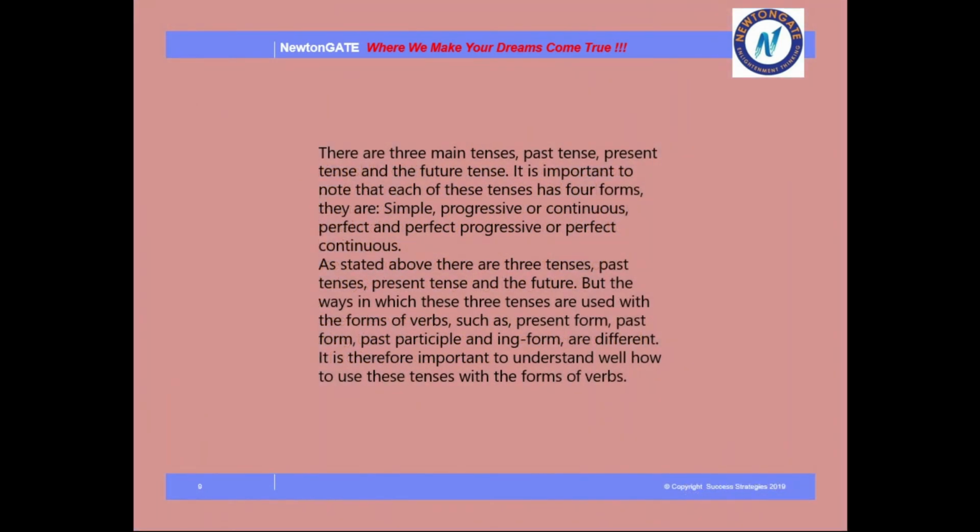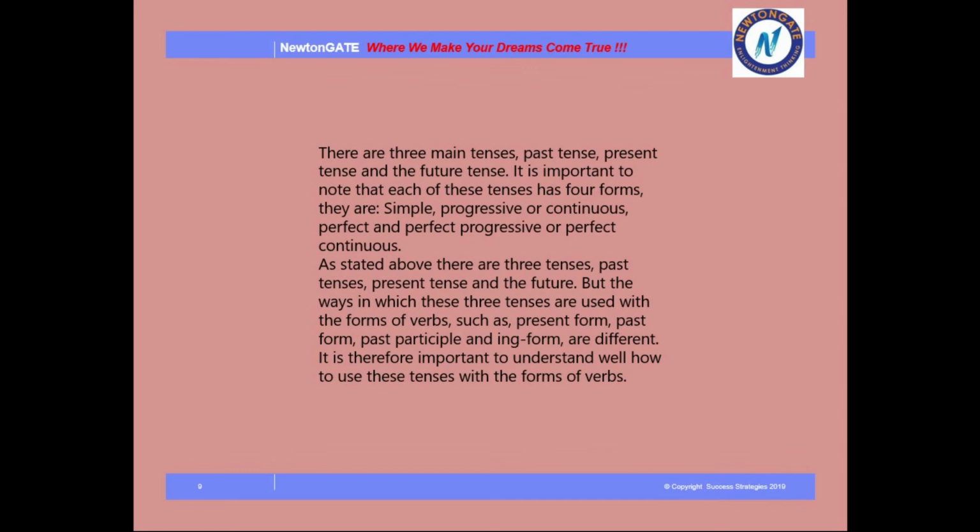There are three main tenses: past tense, present tense and future tense. It is important to note that each of these tenses has four forms. They are simple, progressive or continuous, perfect, and perfect progressive or perfect continuous.